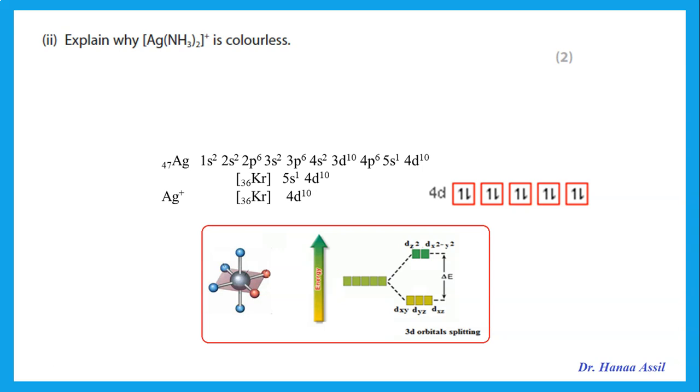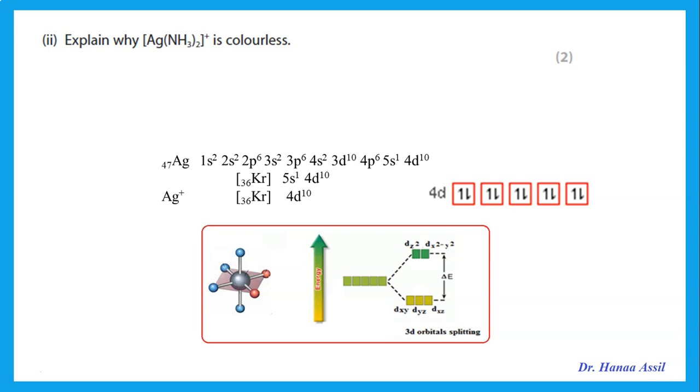If the complex metal ion has incomplete d orbitals, then the electrons in the lower d orbitals can gain energy from the light and jump to the higher energy level, so the rest of the light is transmitted, and this is what we see.